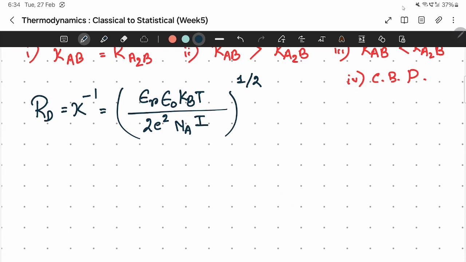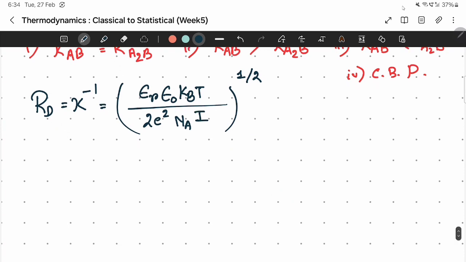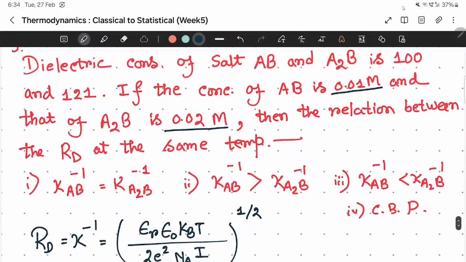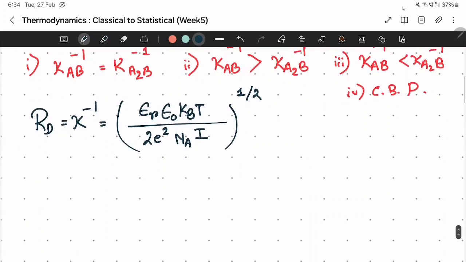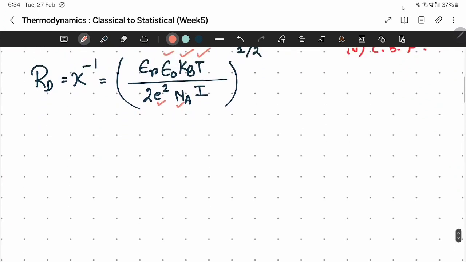Because both are at the same temperature, e, kB, epsilon naught and NA are constants.